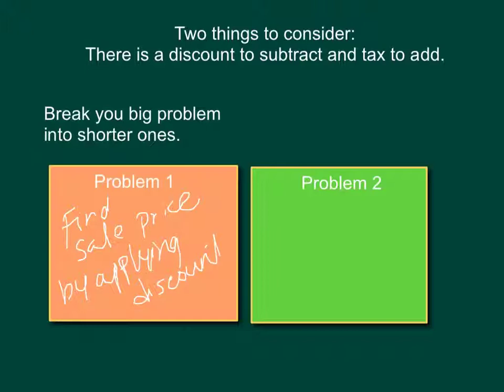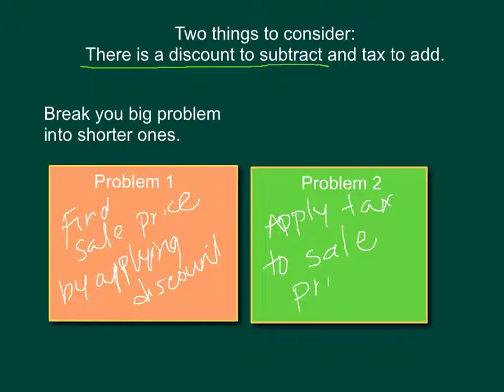And we remember that since there's the discount, we're going to subtract from the original price in that instance. The second problem is to apply tax. So we need to find out what that tax amount is before we can apply it. Apply tax to the sale price, because in this case, we'll have a sale price.